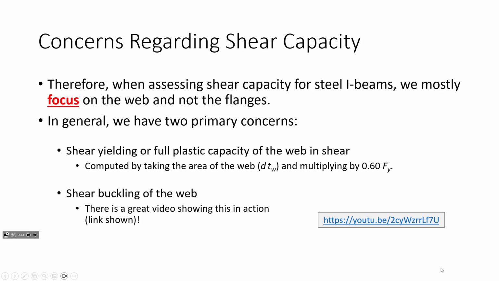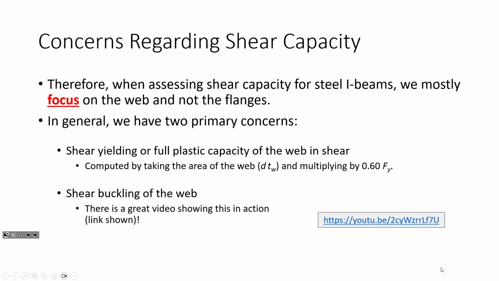So really all we're doing is taking the area of the web, which is d times t_w, and multiplying it by a limiting stress. And what is that limiting stress? The yield stress times 0.6. There's that 0.6 popped up again. Remember, the difference between shear yielding and normal yielding is 0.6, and that's not a factor of safety. That comes from the yield criteria that we use for ductile materials.